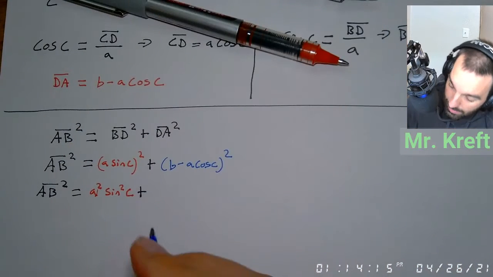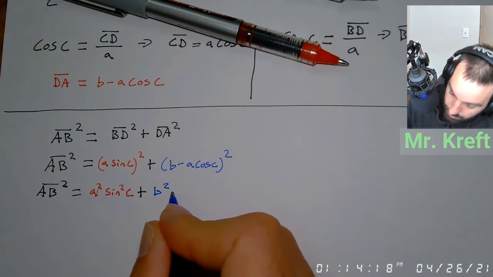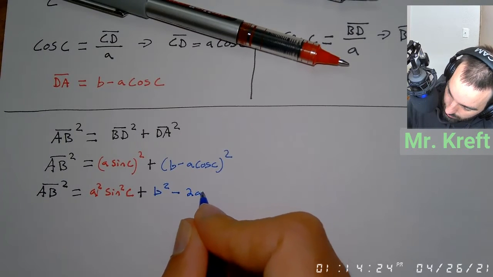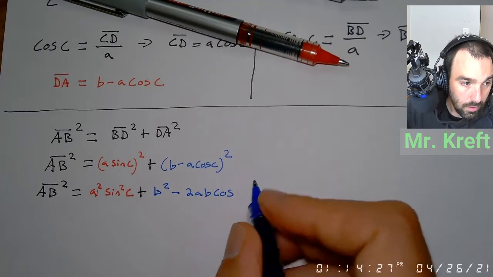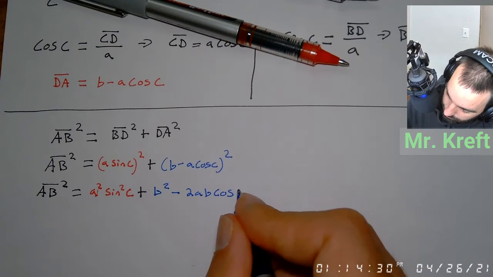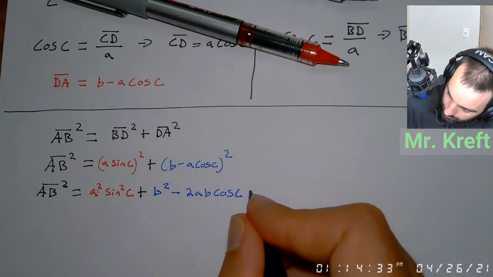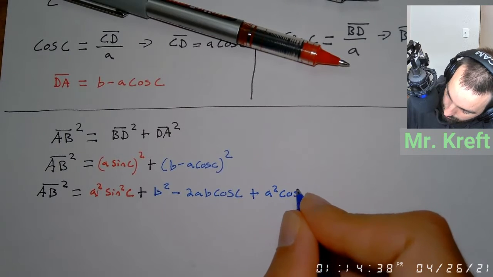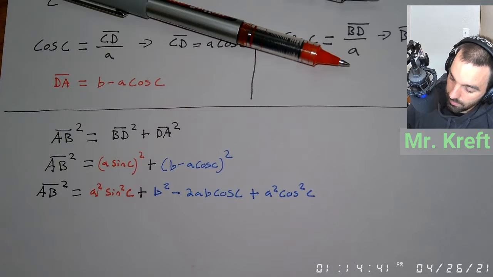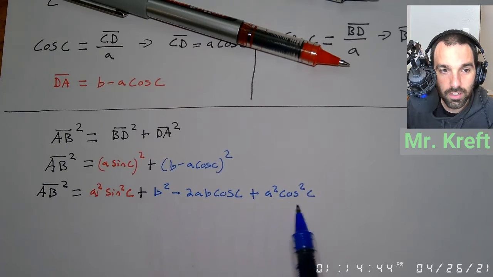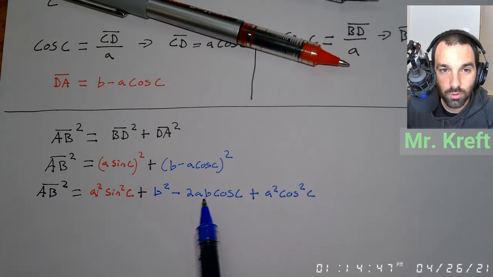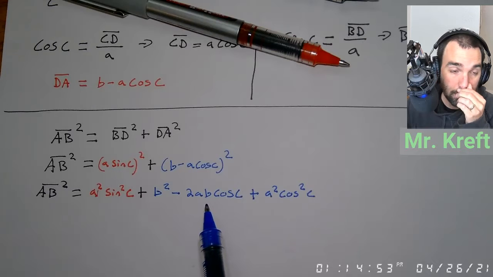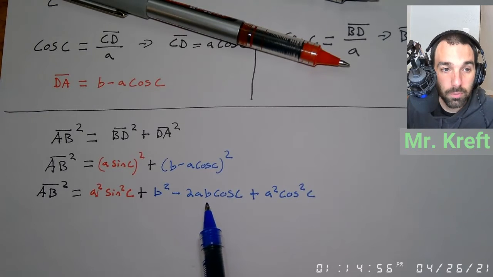So in a binomial, we're going to have B squared minus 2AB cosine of C, and then plus A squared cosine squared of C. So you have your first term squared, your second term squared, and then you have 2 times the 2 multiplied. That's the formula for squaring binomials, right?